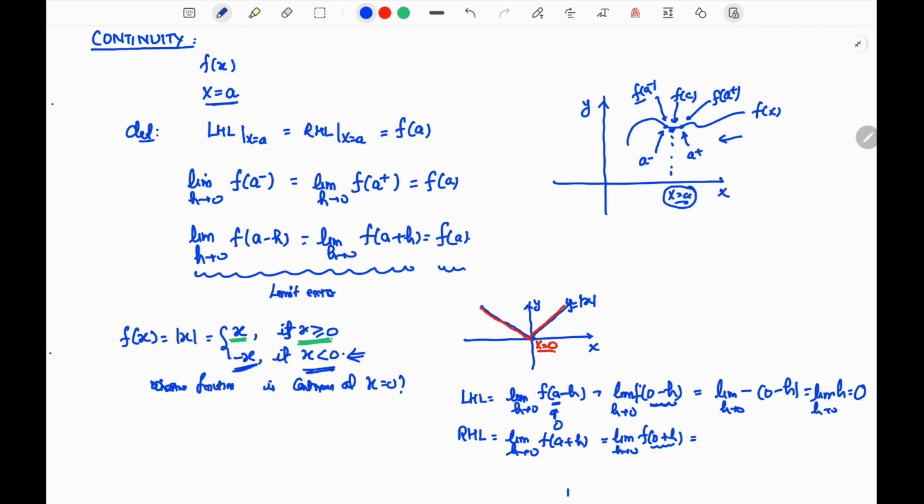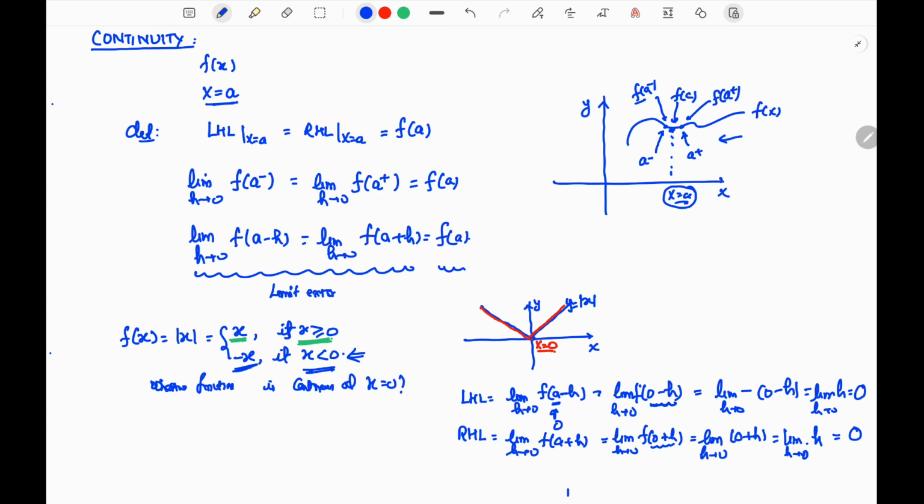So we write here, it will be limit h tends to 0 of (0 plus h), that is equal to limit h tends to 0 of h, and putting the value of h equal to 0, we will have the value 0.